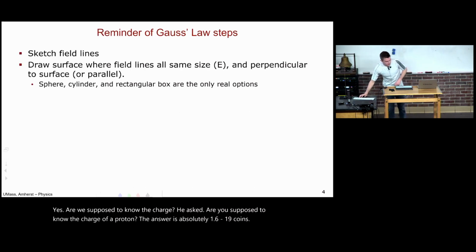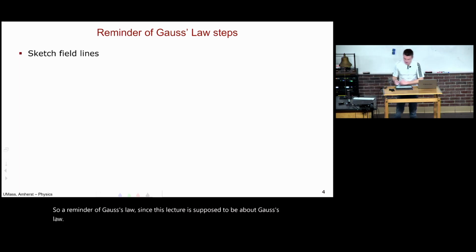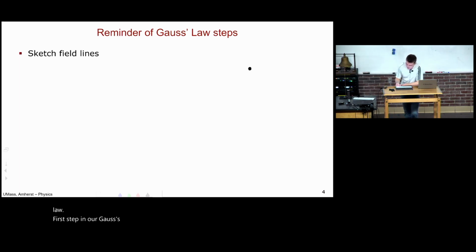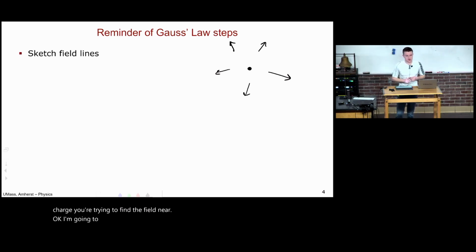OK, so a reminder of Gauss's law, since this lecture is supposed to be about Gauss's law. First step in our Gauss's law process was sketch the field lines near whatever charge you're trying to find the field near. I'm going to use the example of a point charge just to remind you of how it works.